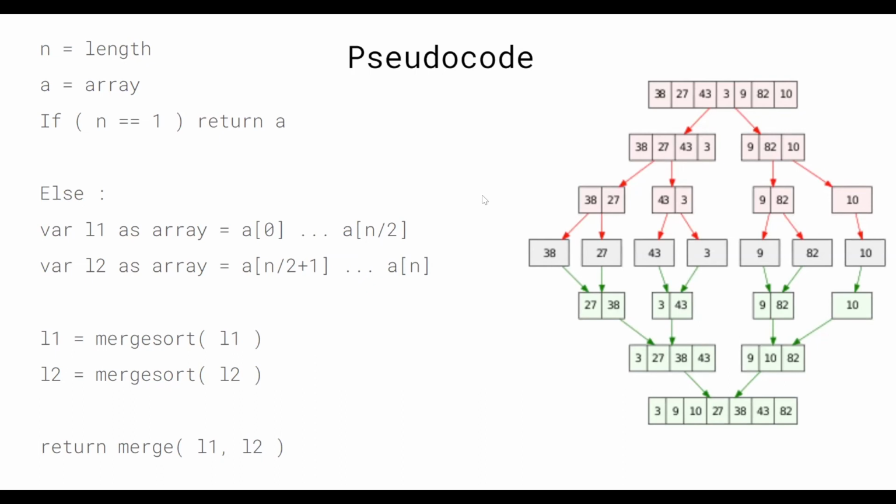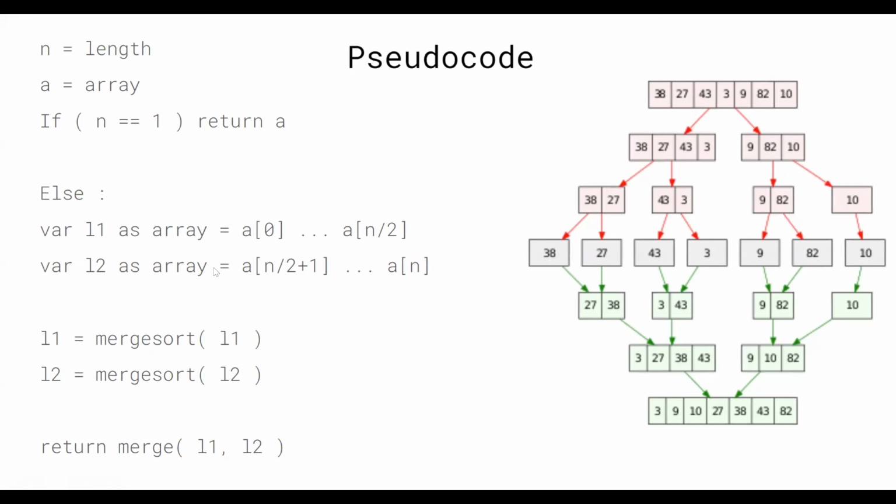However, if it's not 1, then this else command will divide it into two, and then it will divide it again and go on and on. And then at the bottom, return merge ends the sequence.